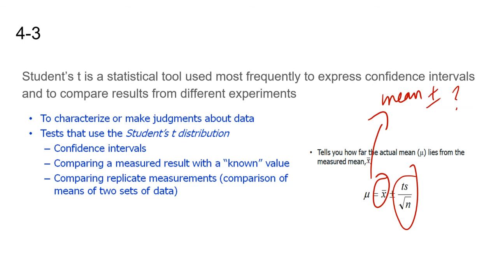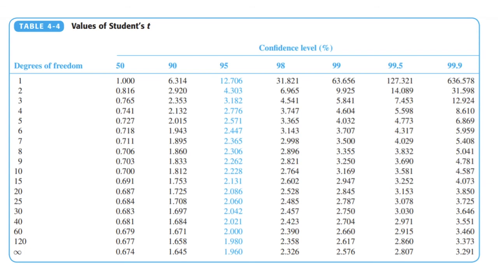So the t in here is the t value that you got from your table, the s is the standard deviation, and the n is the sample size, whose square root you take, okay? And this is the Student's t, and as you can see, there is a different t value at a different confidence level.